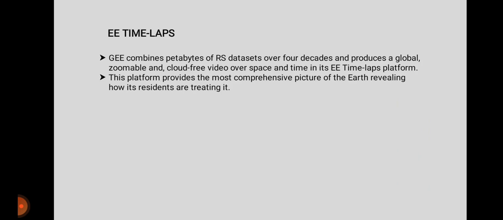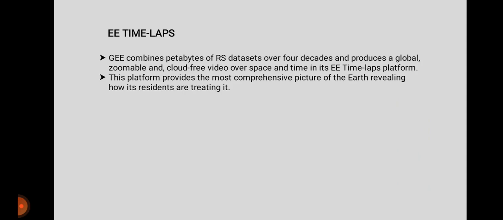Coming to the Earth Engine Time Lapse, Google Earth Engine combines petabytes of remote sensing data sets over 4 decades and produced a global, zoomable, and cloud-free video over space and time in its Earth Engine Time Lapse platform. This platform provides the most comprehensive pictures of the Earth, revealing how its residents are treating it.